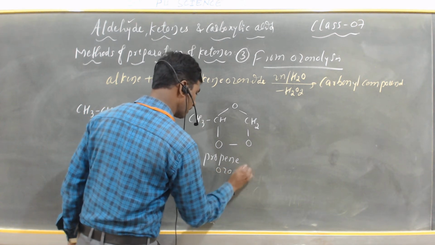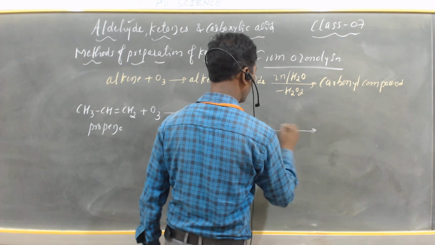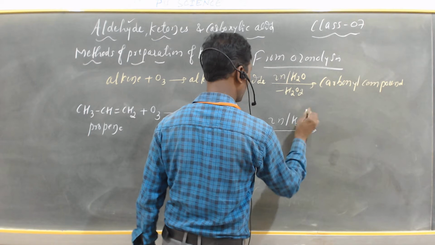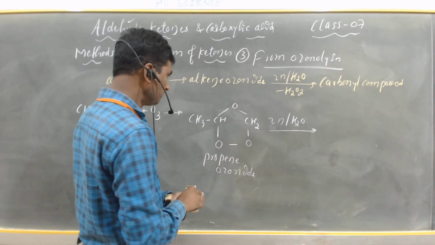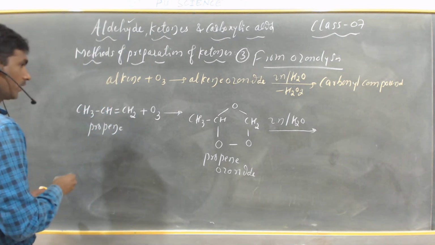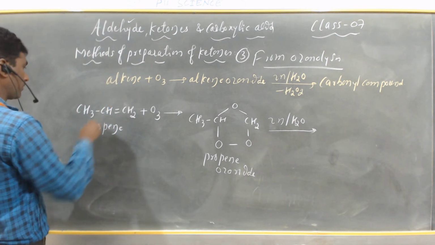This propene ozonide is on hydrolysis in the presence of zinc. What happens here, all of you? So better you take 2-methylpropene. Yes, you have to add a methyl here.